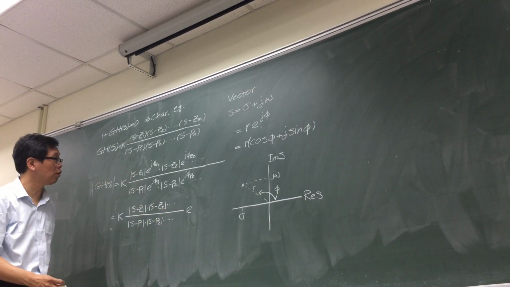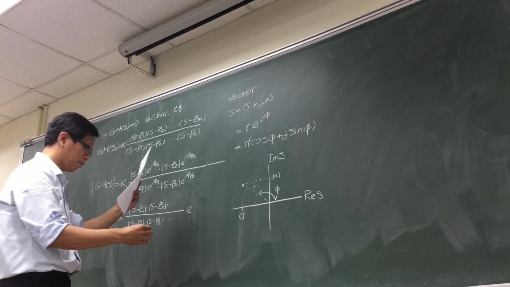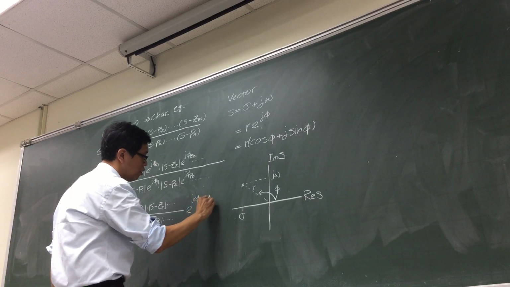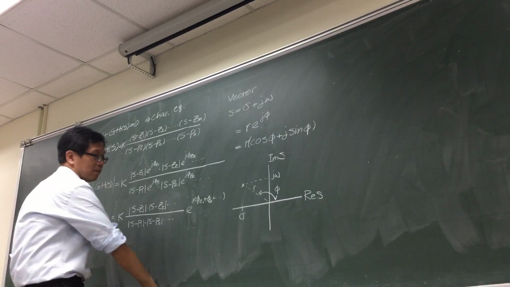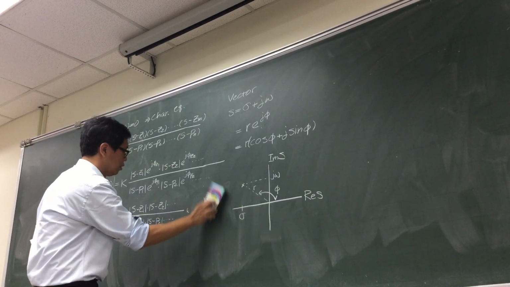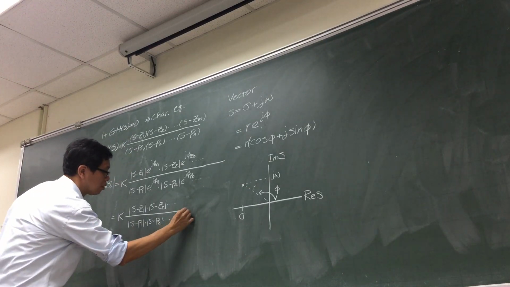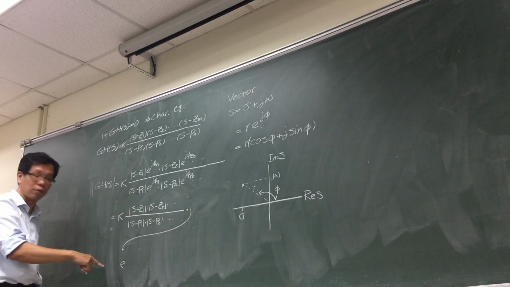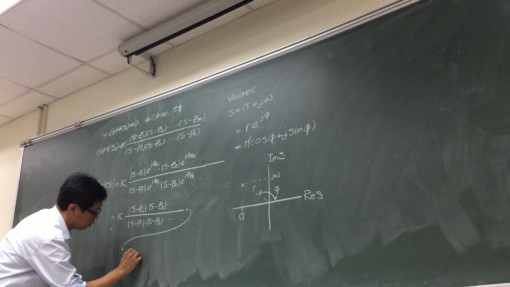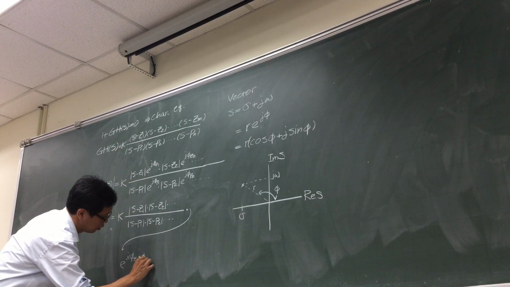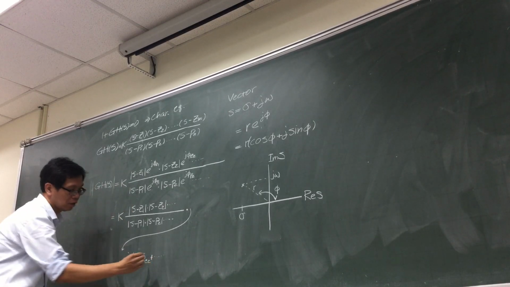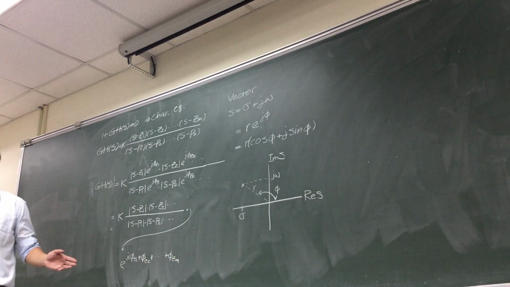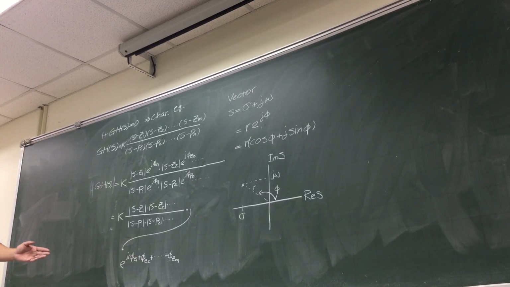Since I do the exponential over here, what do I have? I have angle z1 plus angle z2 plus, I don't have enough space, so I just put the exponential term over here, until I have angle zm, since I have m zeros in the system.